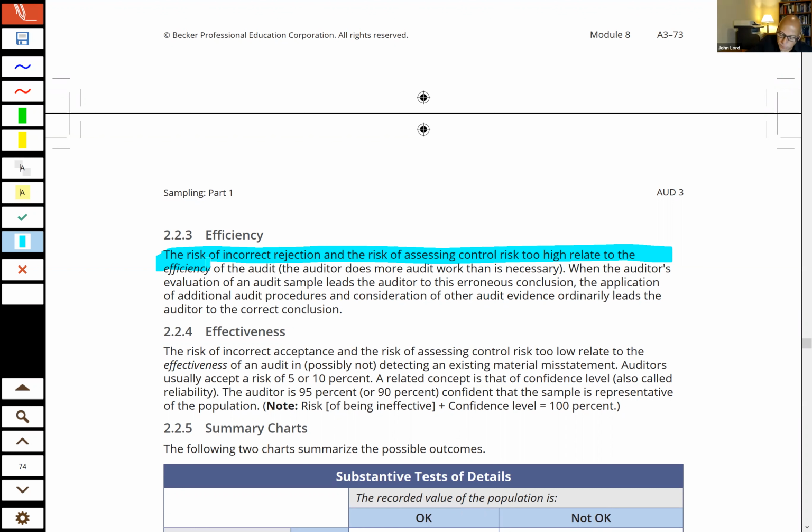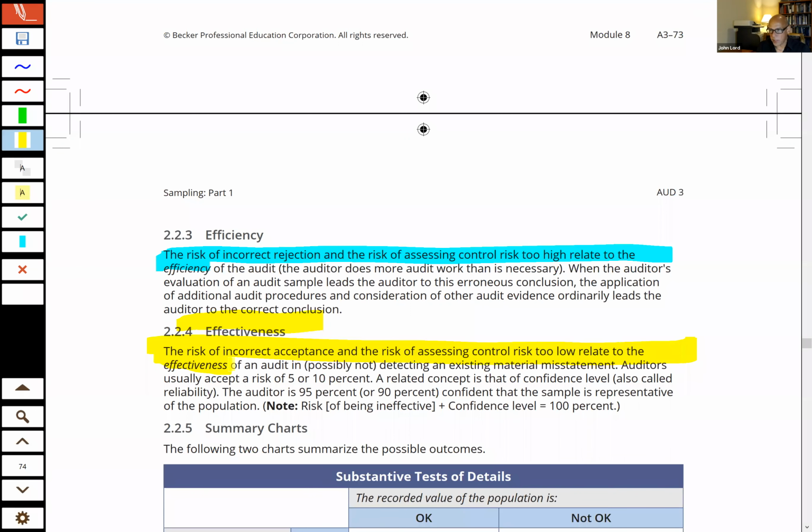Okay. Now, the effectiveness of the audit is influenced by the risk of incorrect acceptance, or the risk of assessing control risk too low. So what happens here? I say, hey, control risk is at less than the maximum, so I accept a higher detection risk, but I was incorrect in that assessment of my control risk because the sample lied to me.